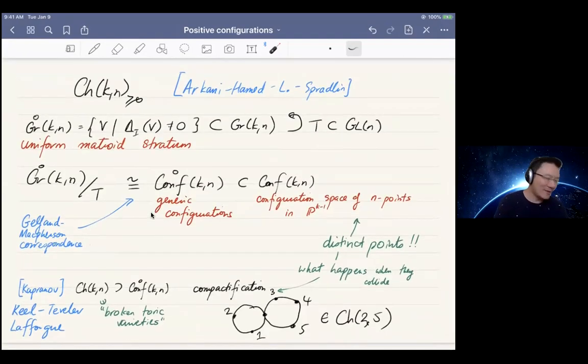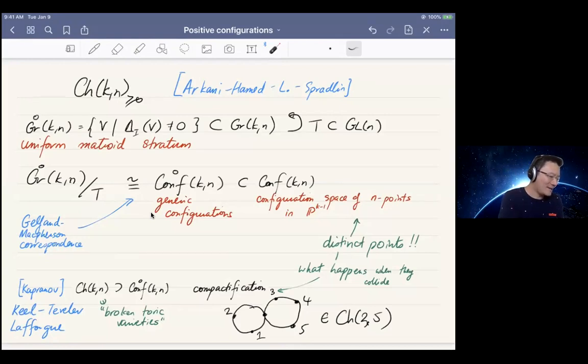Okay, so let me go about defining this totally non-negative part of the Chow quotient of the Grassmannian. So first, what is a Chow quotient? I'm going to take the point of view of the Grassmannian to start. There's a few ways to think about this space.